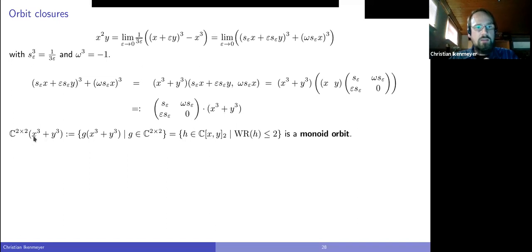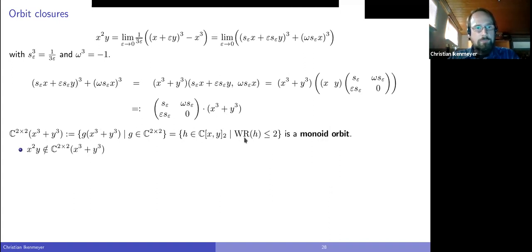Because if you do this, you get a linear form here, and you get a linear form here, you add up their cubes, right? So you see that the set where the Waring rank is at most 2 is actually a monoid orbit. This is a monoid, this matrix monoid, and you apply it. So that's an orbit, and it's called a monoid orbit.